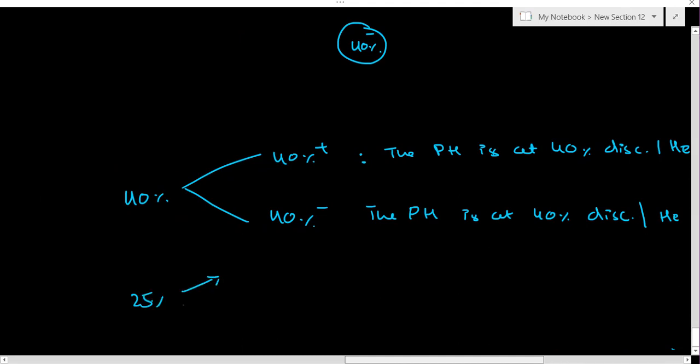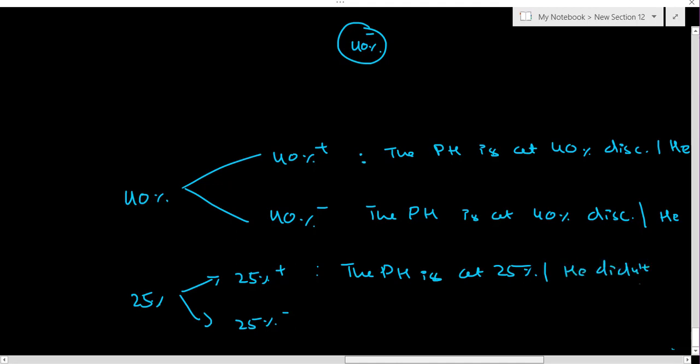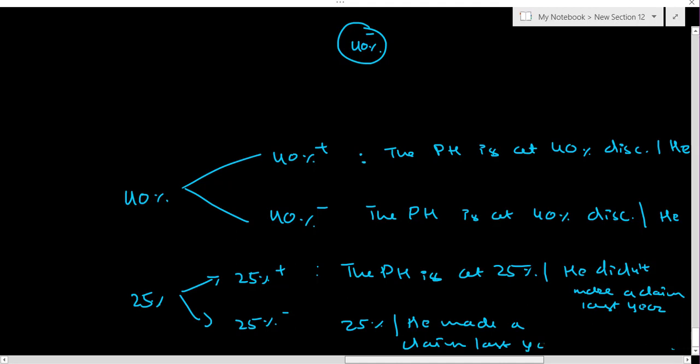So you can have 25% plus and 25% minus, based on whether the policyholder is at 25% given that he didn't make a claim last year, and this would be 25% given that he made a claim last year. So that can be your split for these two states.